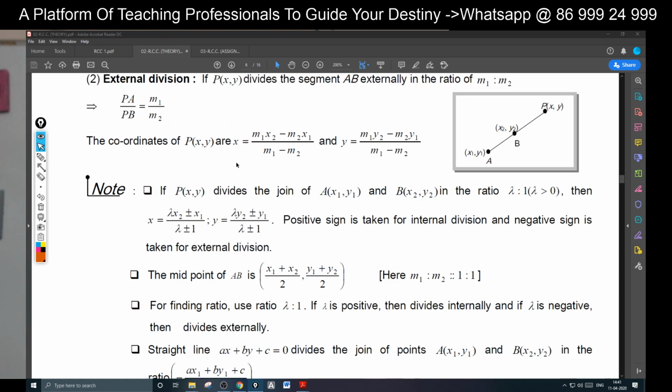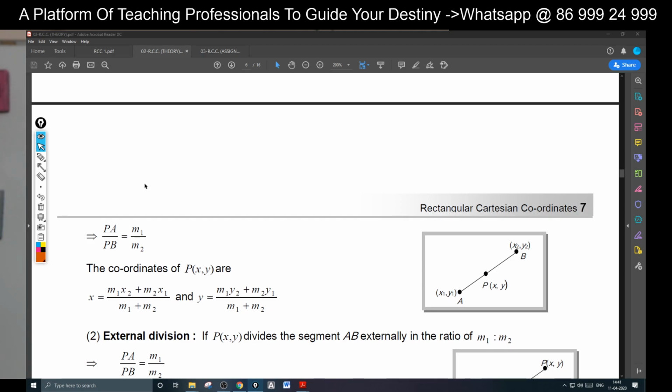If you take a line segment AB, and this line segment AB is divided by a point P in the ratio m is to n, then there exists a point on the same line segment AB which divides it in the same ratio but externally.